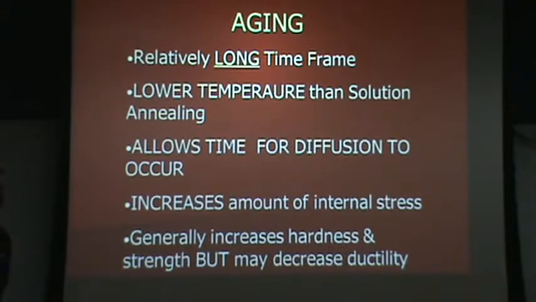If I have an alloy like this that's got copper as an alloying element, I can heat it up, quench it, put the copper in solution, dissolve the copper, and at that point the material is going to be as soft as I can make it. If I follow that with a low temperature cycle, say 900 degrees or 1100 degrees, I will initiate the precipitation of the copper compound.